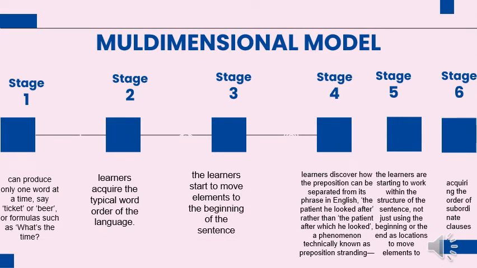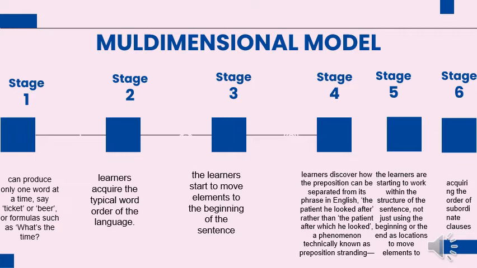These are the stages of the multidimensional model. For stage one, the learners can produce only one word. Second, learners acquire the typical order of the language. The third stage is where the learner starts to move elements to the beginning of the sentence. Later on, at the fourth stage, the learner discovers how the preposition can be separated from its phrase in English.